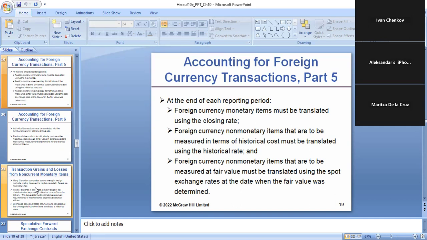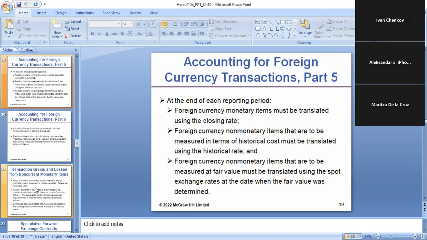Now, if we're dealing with a non-monetary item that is to be measured at fair value, it must be translated using the spot exchange rate at the date when the fair value was determined. So if we purchase it, we're going to use the historical cost and translate it using the historical rate.